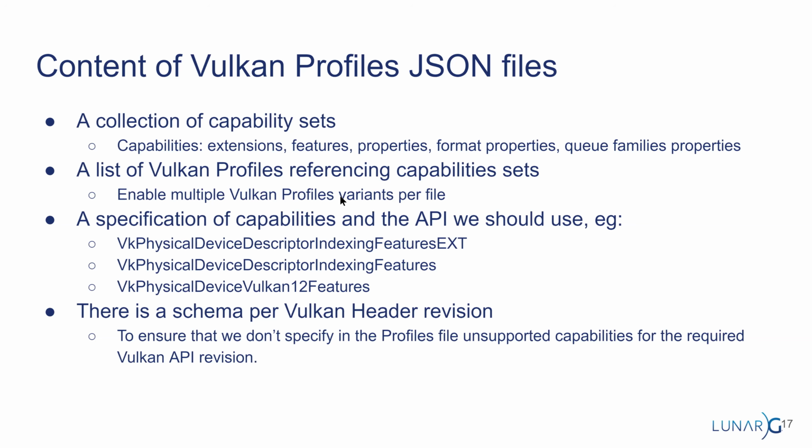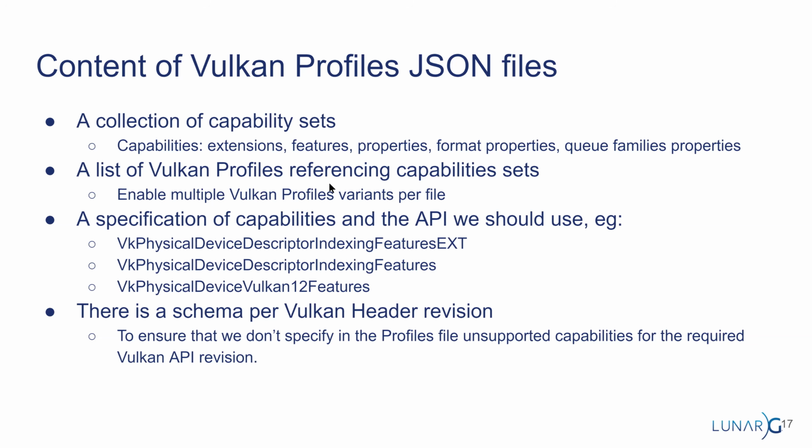So we could imagine, for example, with Angle, if one day we have an Angle profile, they have multiple code paths where they can implement inside Angle some feature using some capabilities, but they can also implement the same feature inside Angle using other Vulkan capabilities.